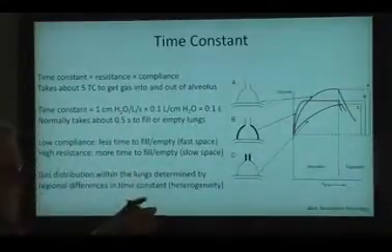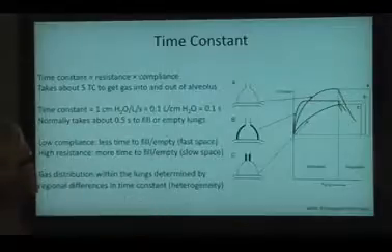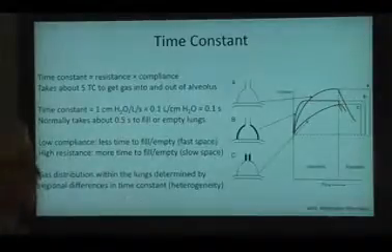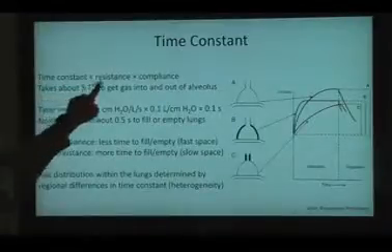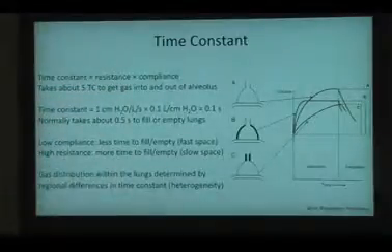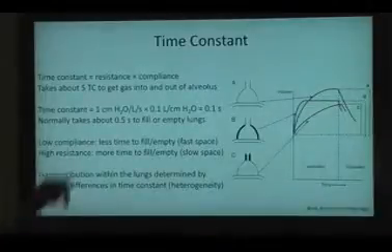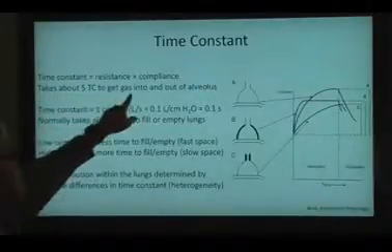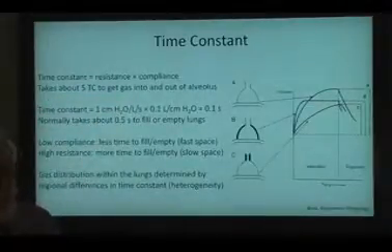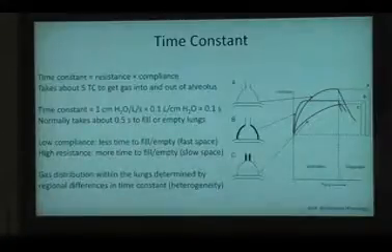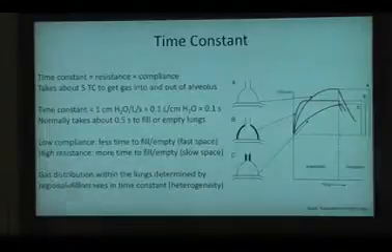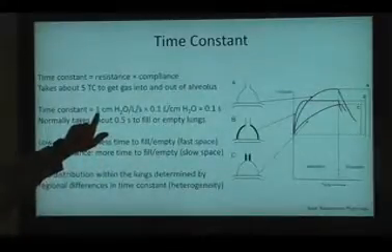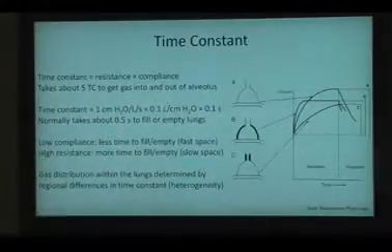Now the concept of resistance and compliance can be brought together by something called the time constant. The time constant, by definition, is the product of resistance and compliance. It takes about 5 time constants to get gas either into the lungs or back out of the lungs. Normal resistance is about 1 centimeter of water per liter per second.